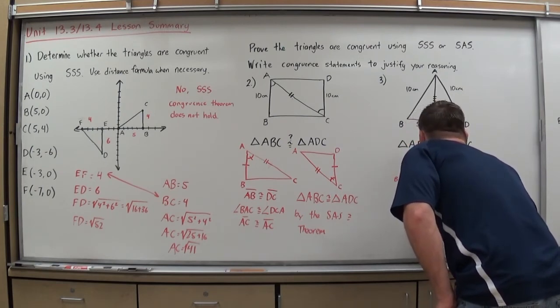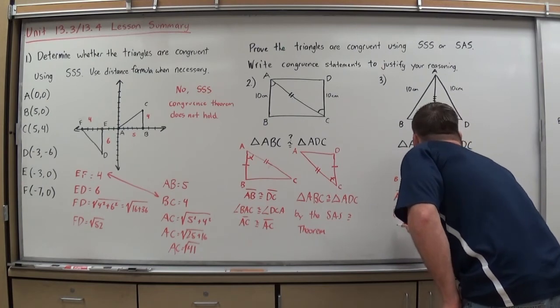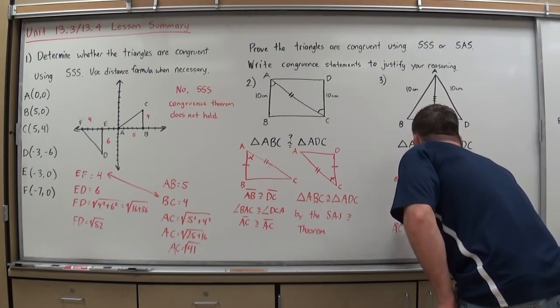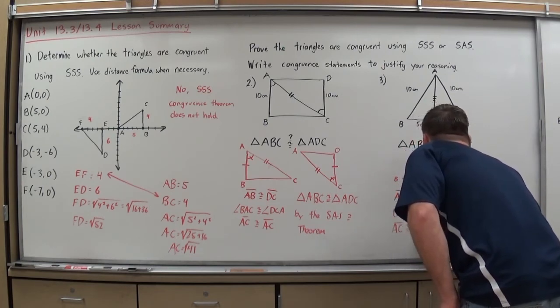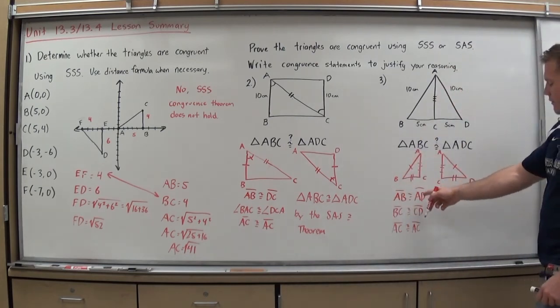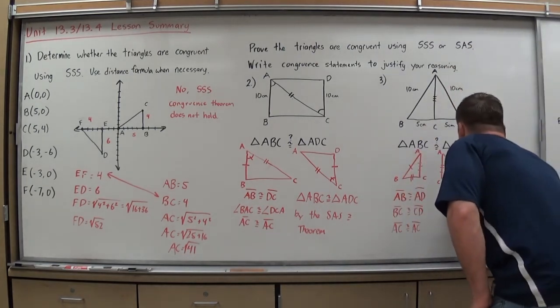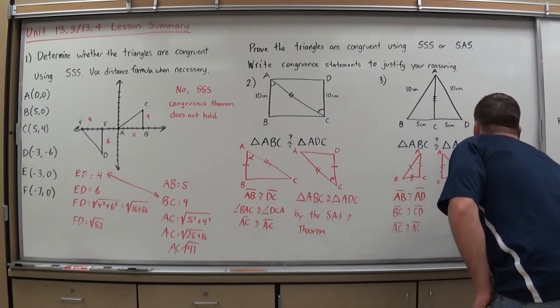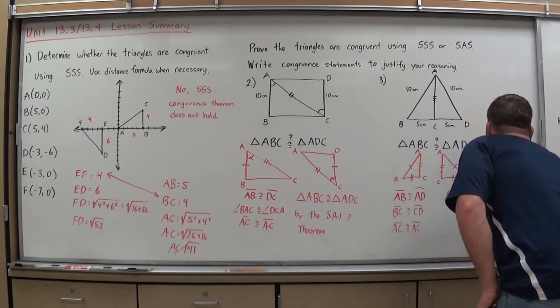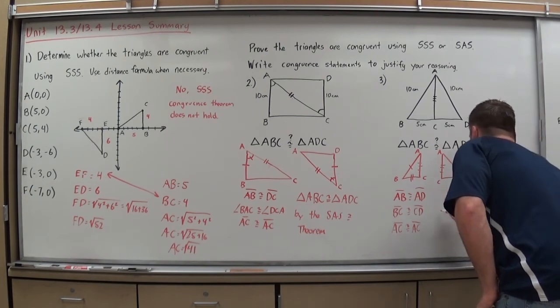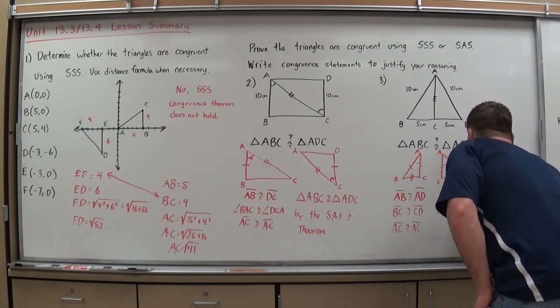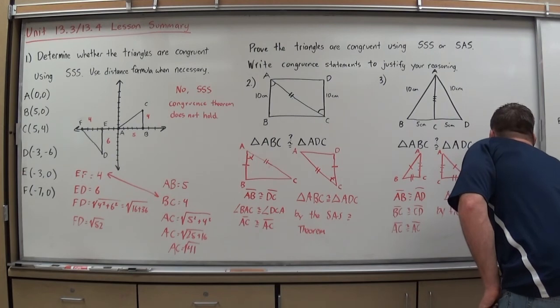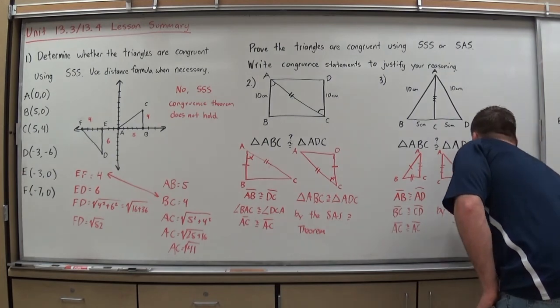BC is congruent to CD, and AC is congruent to itself, AC. So I've listed that. They've got 3 sides corresponding, so now I can use the side, side, side. So triangle ABC is congruent to triangle ADC by the side, side, side triangle congruence theorem.